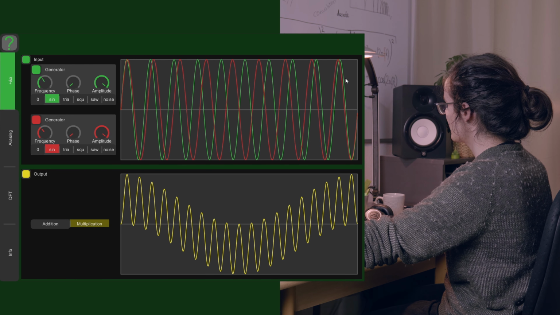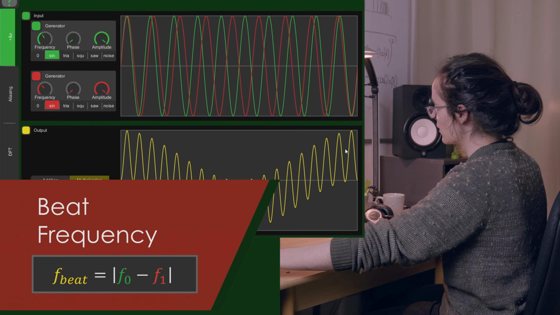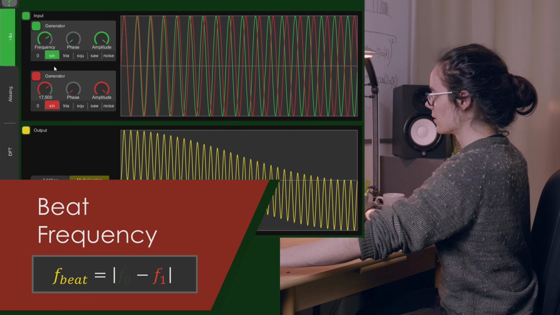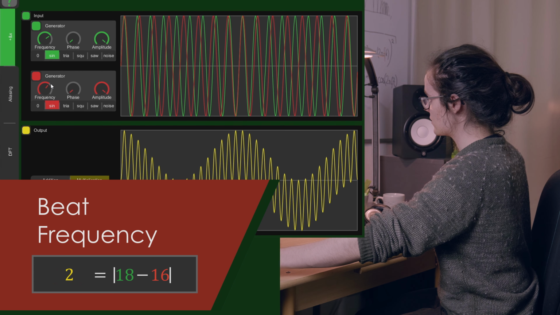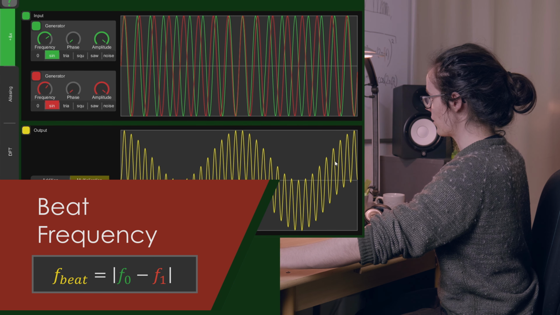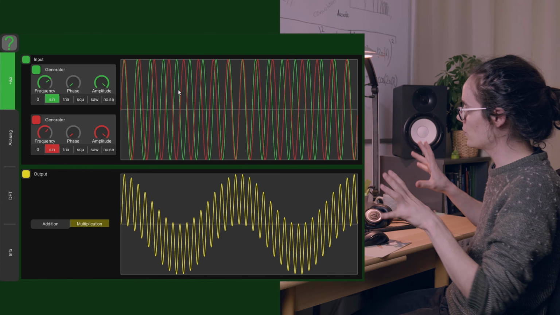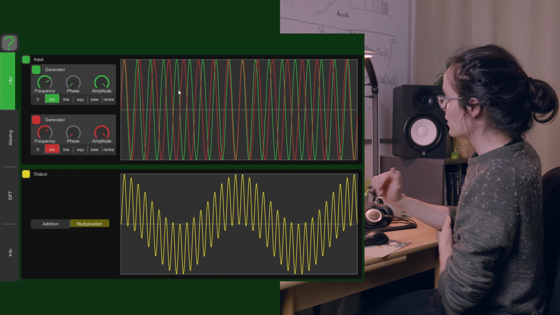And right here, they are in phase again, so we get a positive offset again. So for example, one generator is at 18 and the other one is at 16. 18 minus 16 gives us 2, and thus we have the beat frequencies with 2 periods per frame. These beat frequencies happen always when we multiply two signals that are of different frequency.